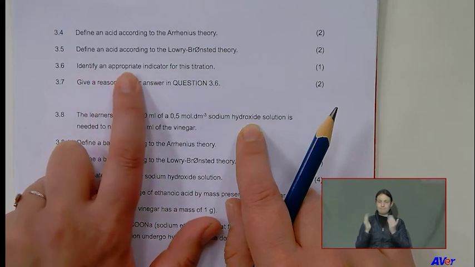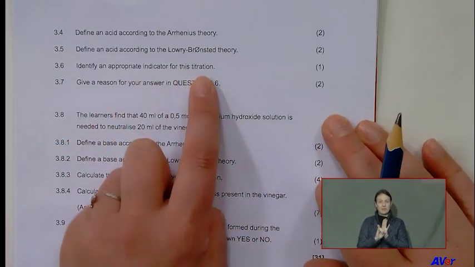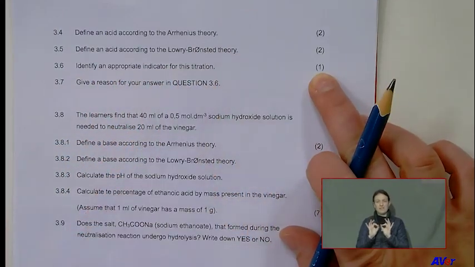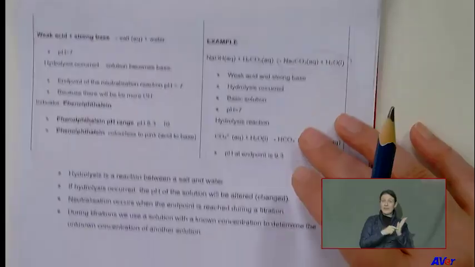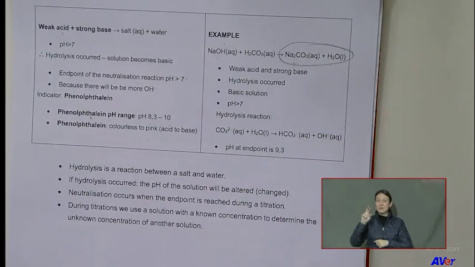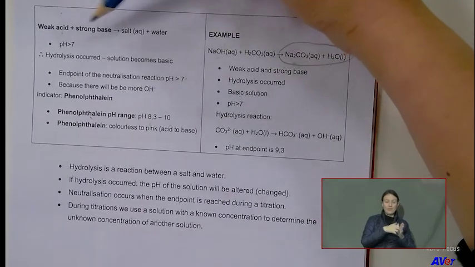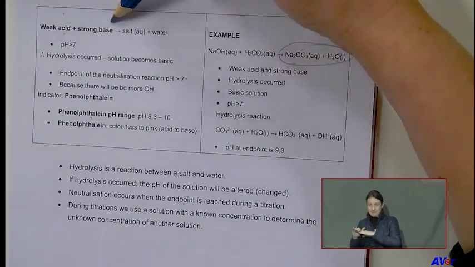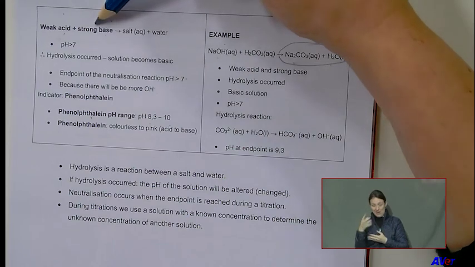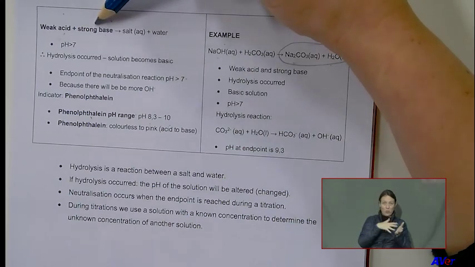Identify an appropriate indicator for this titration. Weak acid, strong base, so we've already identified it as phenolphthalein. Okay. Give a reason for your answer in question 3.6. So, the first part of your reason is the fact that this is a titration between a weak acid and a strong base. That's the first mark. This is a titration between a weak acid and a strong base.